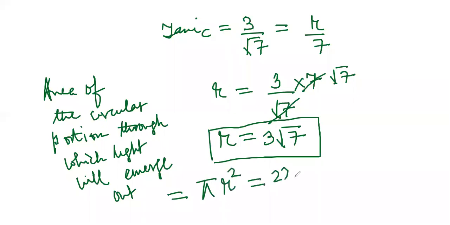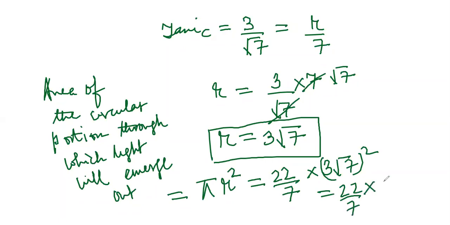Pi is 22 upon 7 and r square is 3 root 7 whole square. So that is equal to 22 upon 7 into 9 into 7. 7 and 7 get cancelled. 9 into 22 is 198. So the area will be 198 centimeter square.